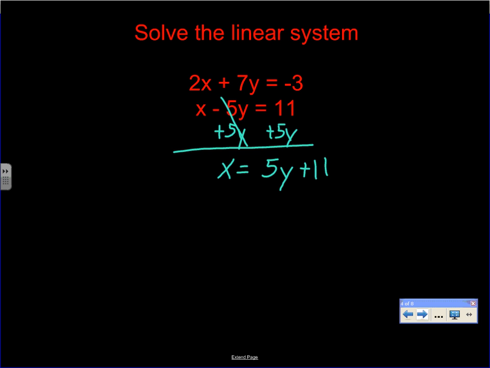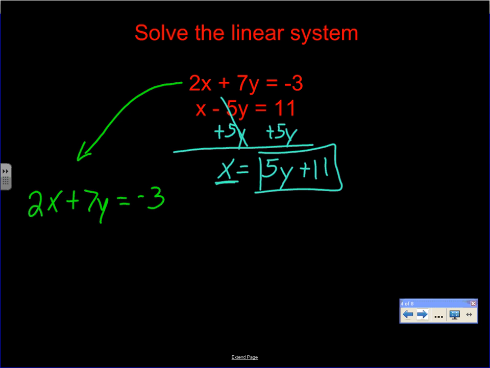And so now we take the top equation, 2x plus 7y is equal to negative 3. Since we have x is equal to something, down here we're going to write 2, big parentheses, plus 7y is equal to negative 3.